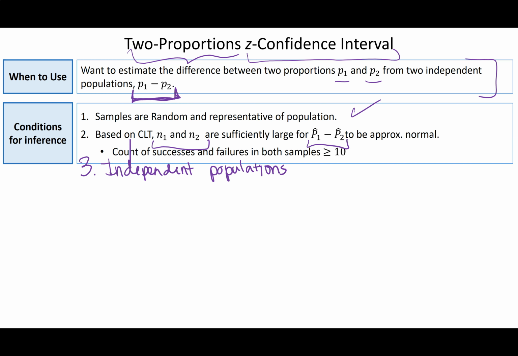So specifically, the sampling distribution of p hat 1 minus p hat 2 is going to be roughly normal. For confidence intervals, it means the number of successes and the number of failures in both samples is at least 10. So you took a big enough sample that you guaranteed you saw 10 of each in each sample. A big part of this is that some things are not very prevalent.